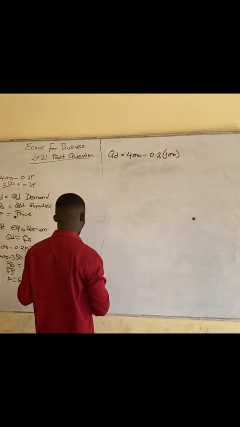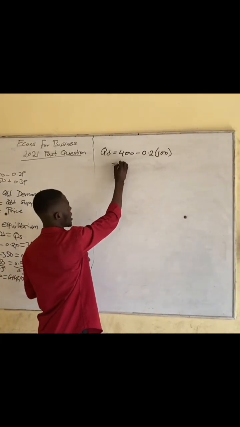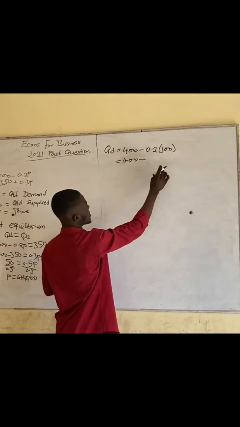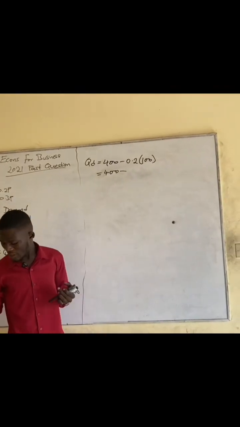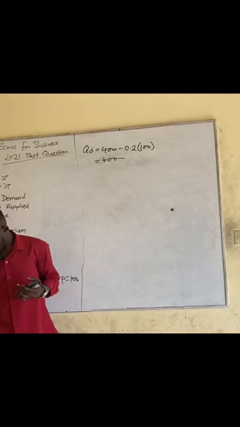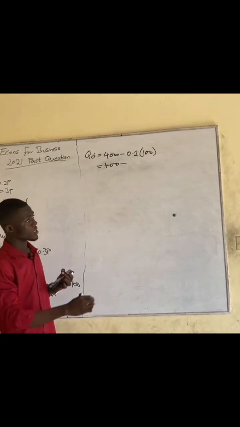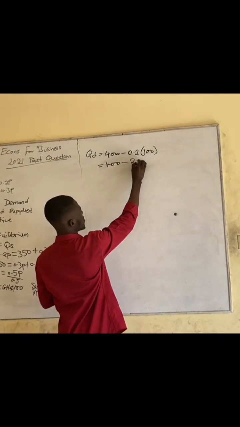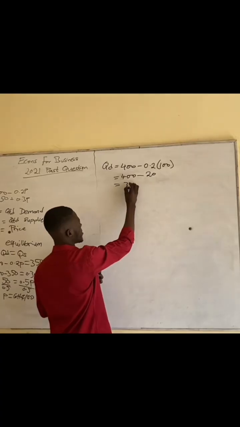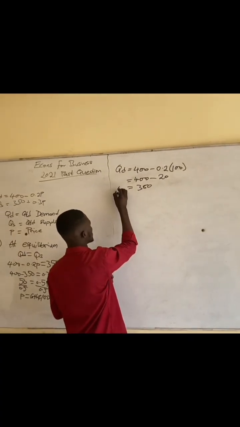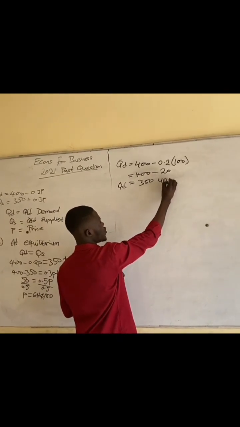Don't forget we said we are substituting P into the equation. 0.2 times 100 gives you 20. So 400 minus 20 gives 380 quantity demanded. Don't forget to add units here too.